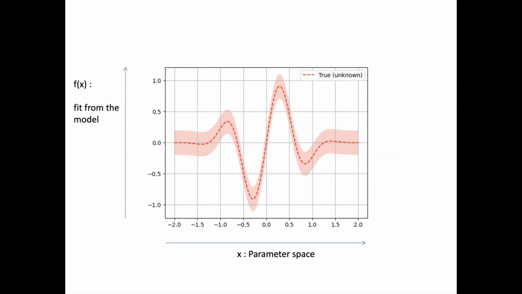Let's take a situation where you have to figure out the hyperparameters of a very simple curve. You have a single hyperparameter, which is x. And based on the value of x, you get a different score, which is represented here on the y-axis, which is a fit from the model.